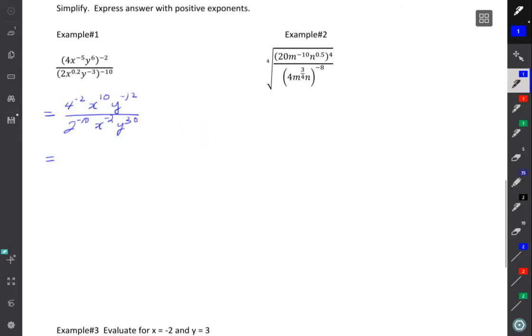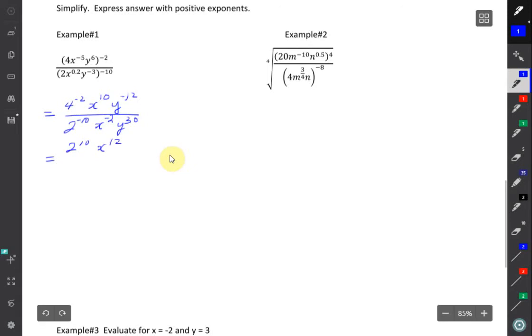Now what we need to do is simplify from numerator to denominator. I'm going to make the exponents on these numerical powers here positive. So I will write this as 2 to the 10. And then 10 is larger than negative 2, so we will have x to the 10 minus minus 2 is 10 plus 2.